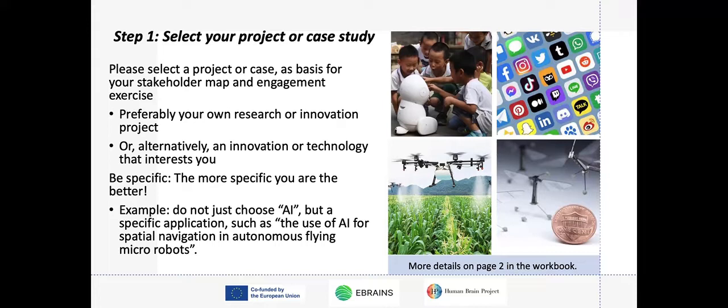Now, this is quite specific, and you could, for instance, also define a specific application area where these micro robots shall be used, and this would enable you to quite clearly identify key stakeholders that are involved or that are likely to be affected by this technology. And then to develop a clear stakeholder engagement strategy.